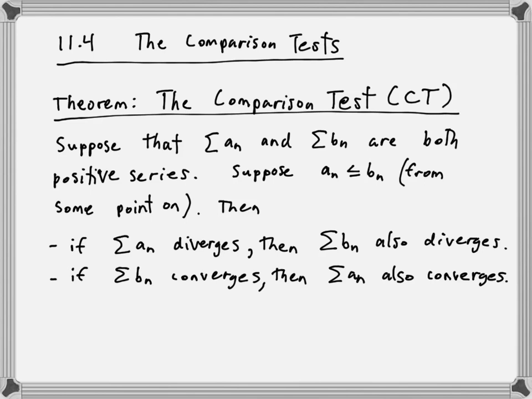Okay, so this is the theorem. The theorem says that if you have two positive series and one of them is smaller than the other from some point on, then the bigger one diverging tells you that the smaller one does also, or if the bigger one converges, then the smaller one must converge also.